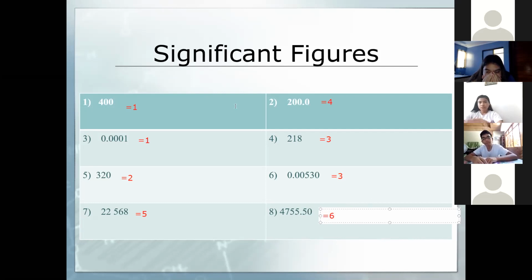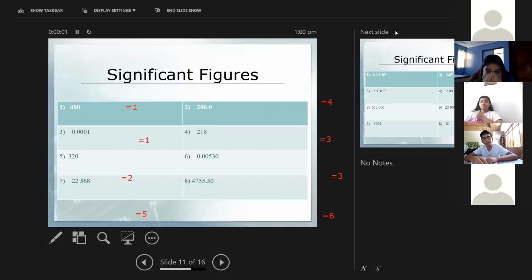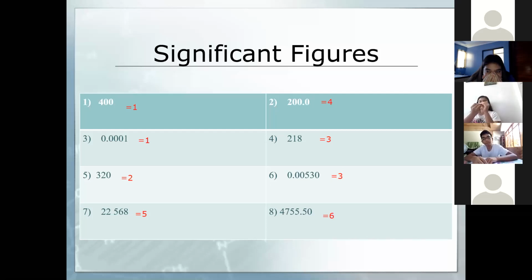Questions? Clarifications? Please unmute yourselves if you have a question or a clarification. And this is actually the basis of how we are going to write a scientific notation.